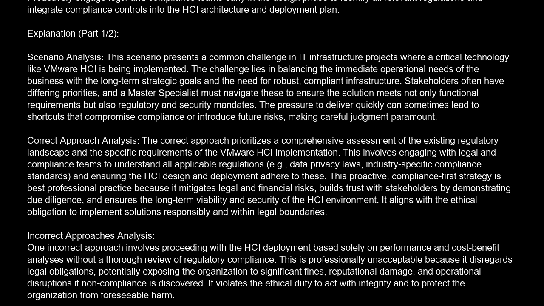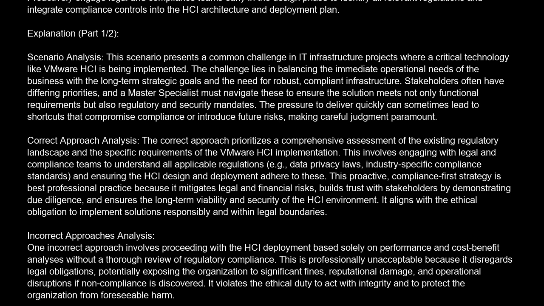The pressure to deliver quickly can sometimes lead to shortcuts that compromise compliance or introduce future risks, making careful judgment paramount. Correct approach analysis. The correct approach prioritizes a comprehensive assessment of the existing regulatory landscape and the specific requirements of the VMware HCI implementation. This involves engaging with legal and compliance teams to understand all applicable regulations, e.g., data privacy laws, industry-specific compliance standards, and ensuring the HCI design and deployment adhere to these.